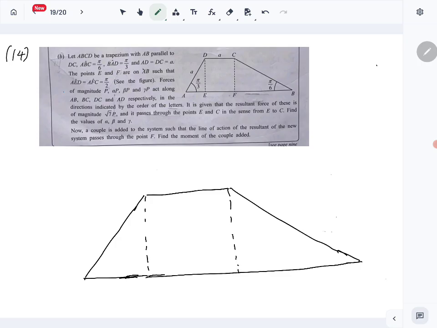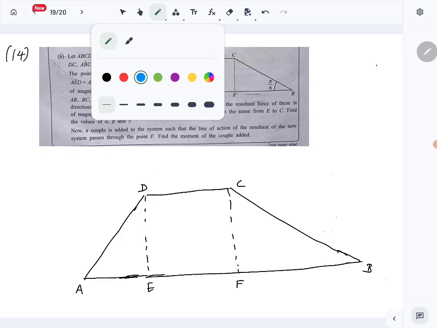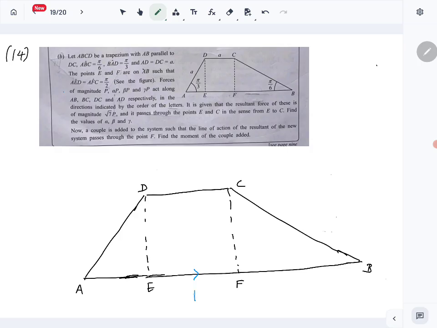So now let's mark the forces as indicated by the letters here. So force P is in AB direction. So this is P. Then in BC direction you have alpha P, and DC beta P, and AD gamma P, right?